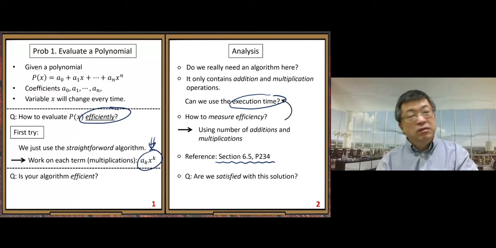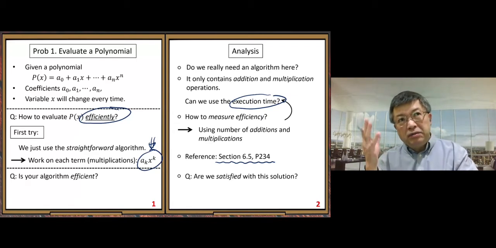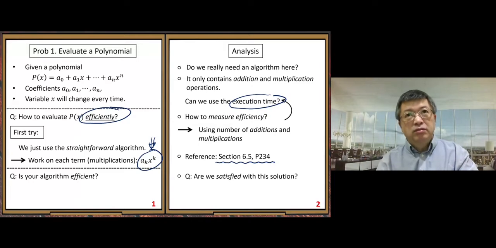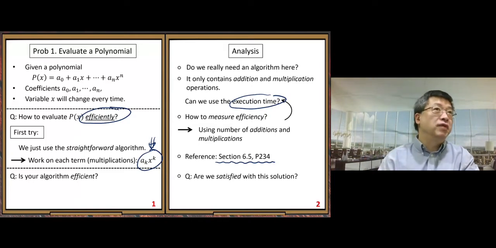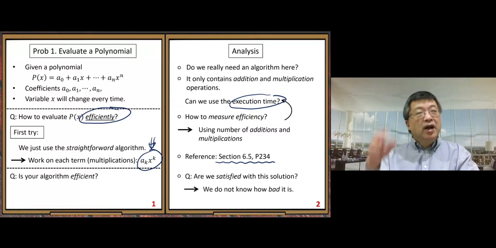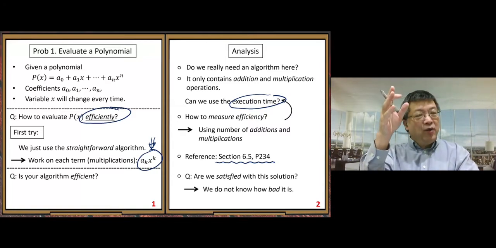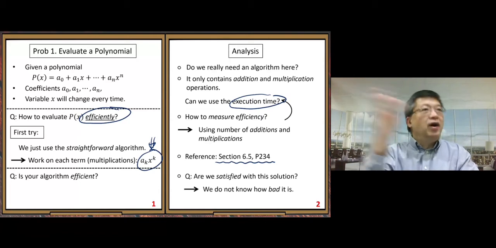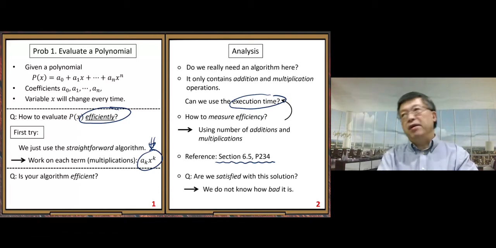If we do not have any option, how can we answer this question? So we need to have some options before we can answer these questions. At this point, we do not know how bad or how good this algorithm is. So we need to do more work.